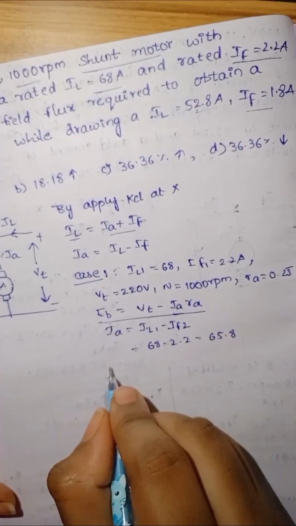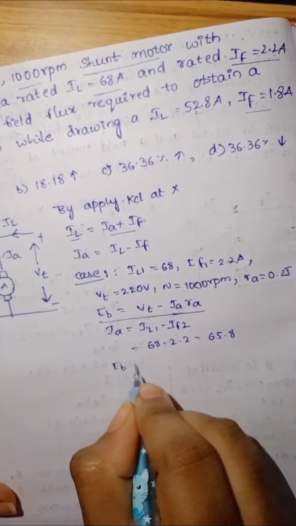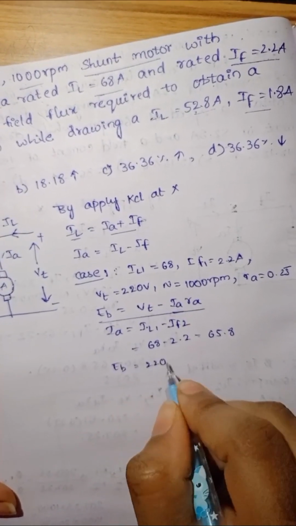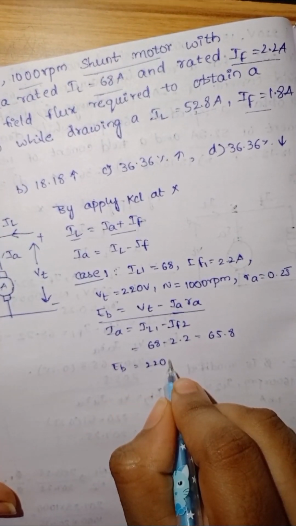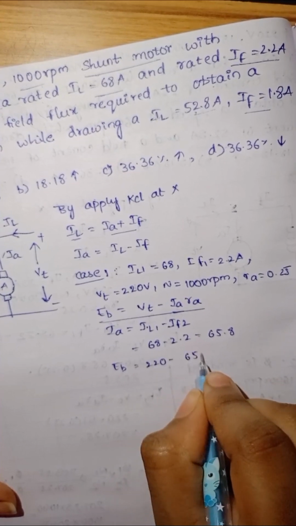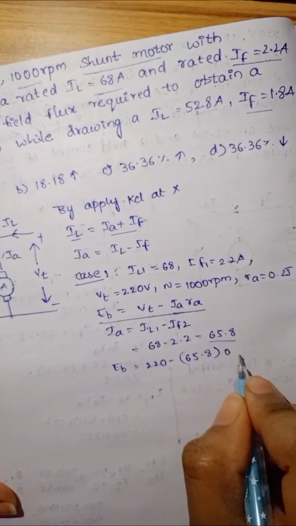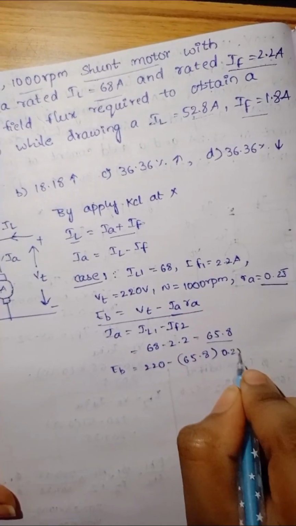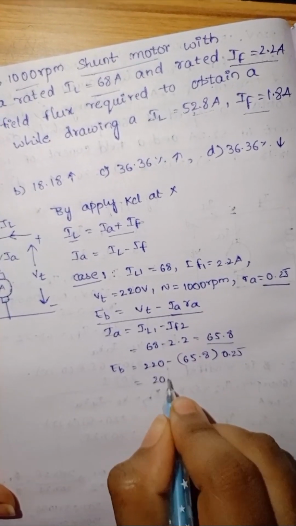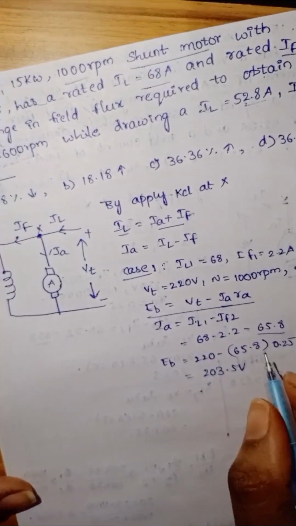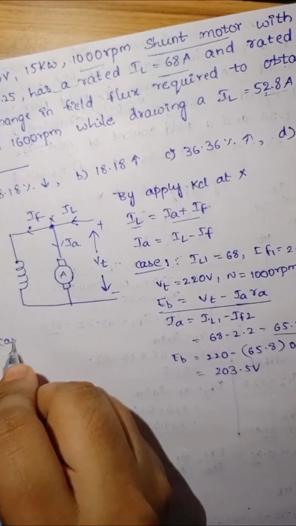Now find EB. EB is equal to 220 volts, because VT is constant, minus 65.8 we got, times RA 0.25 he gave, which is 203.5 volts. Now let's see the second case.